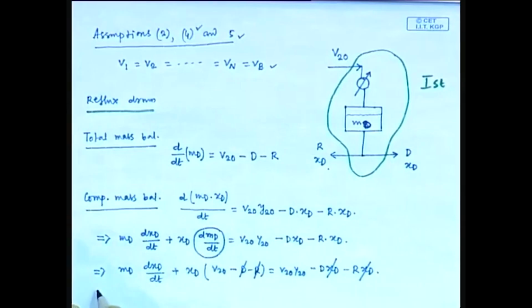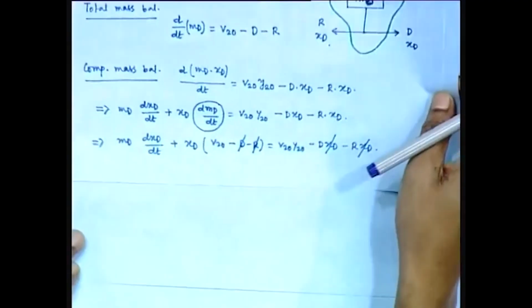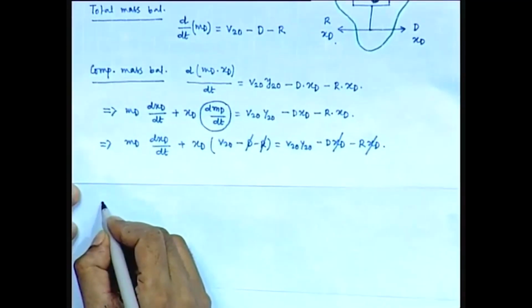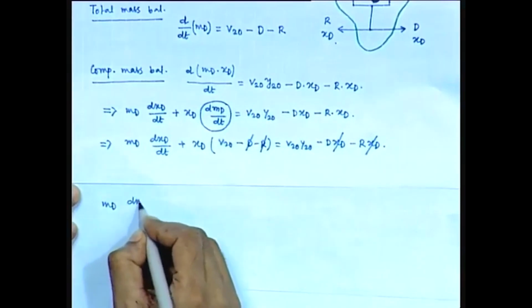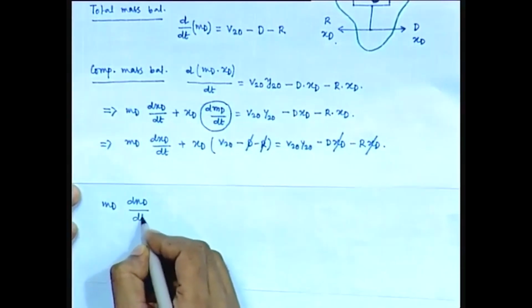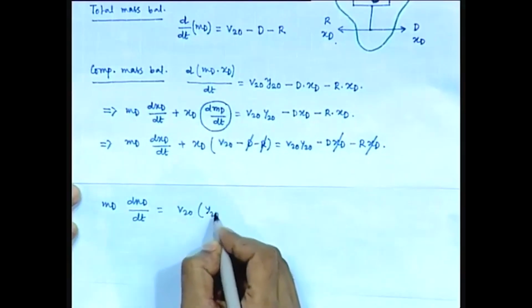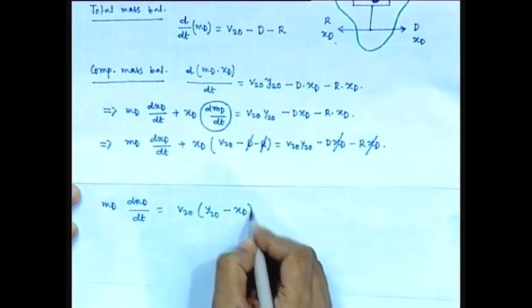So, what will be the final expression? The final expression will be Md dxD/dt equals V20 times (Y20 minus xD).